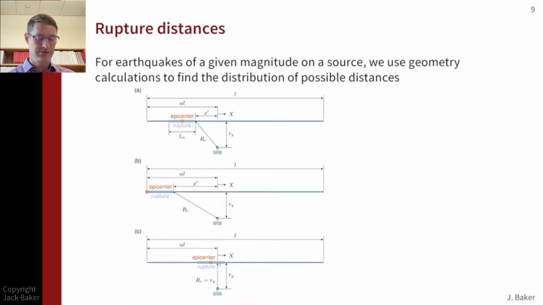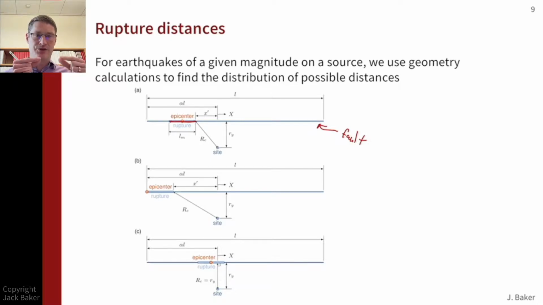So here is a figure showing the layout of this situation. We've got, in this horizontal blue line, a fault, and then the three images here labeled A, B, C are just three different pictures of that fault. Then we've got a rupture here shown as a partial plot across this fault.